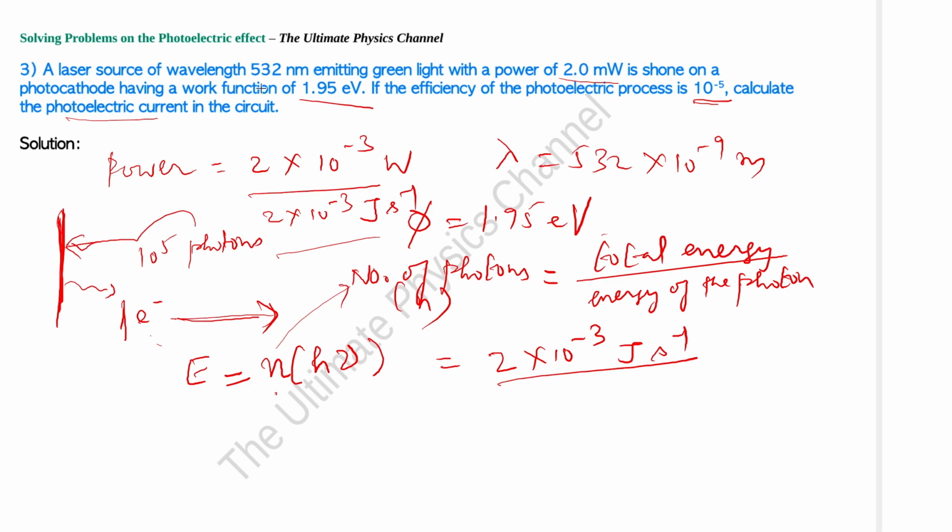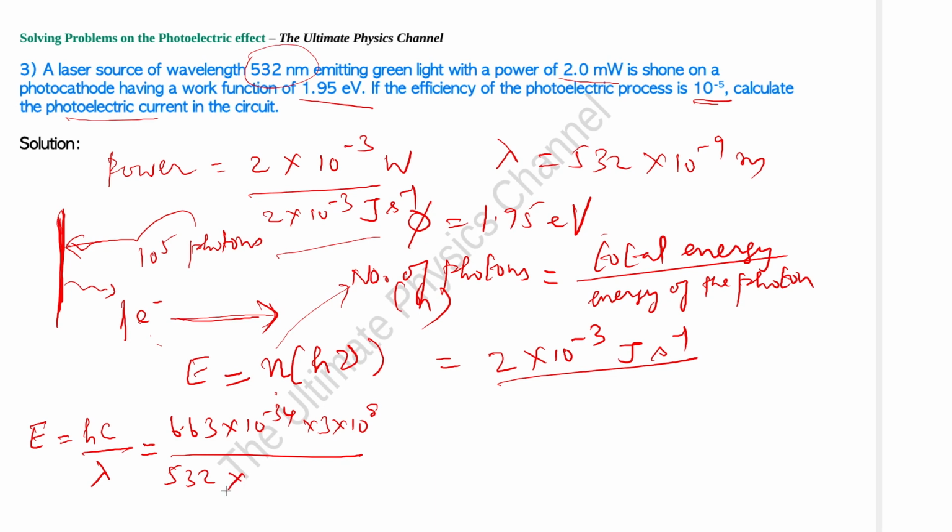That has to be calculated based on the wavelength provided, that is lambda is equal to 532 nanometers. So what is the energy of an individual photon? E is equal to h times c over lambda. If we plug in the numbers, that is 6.63 times 10 power minus 34 times 3 into 10 power 8 over 532 times 10 power minus 9.